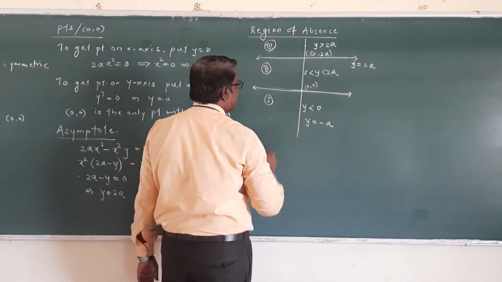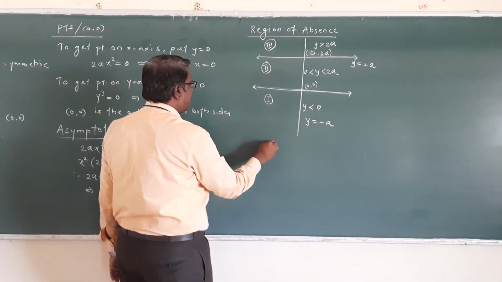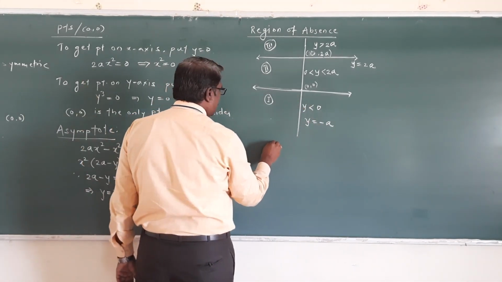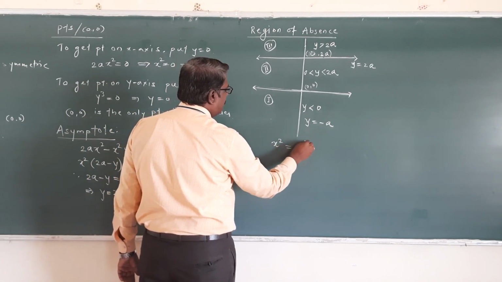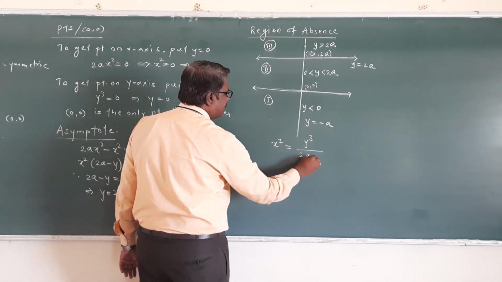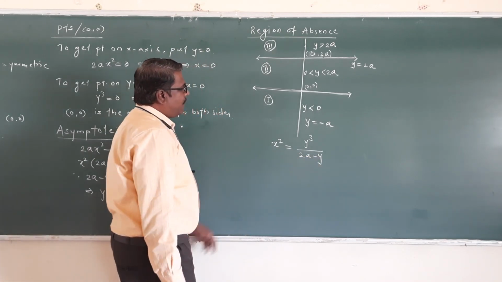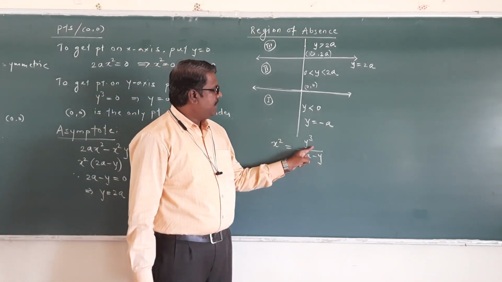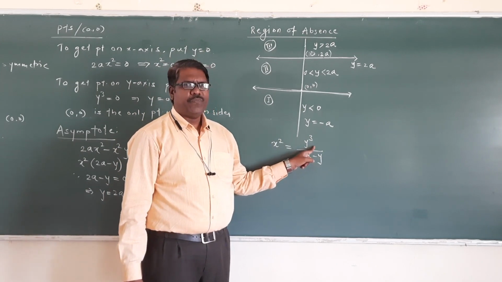Now as the partitions are parallel to the x-axis, to check the region we should select the value of y. In the first region, we will choose the value of y as minus a, because here y is negative, less than 0. When y is minus a, what is the value of x square from the given equation? x square is equal to y cube upon 2a minus y. Now when y is minus a, the numerator is negative.